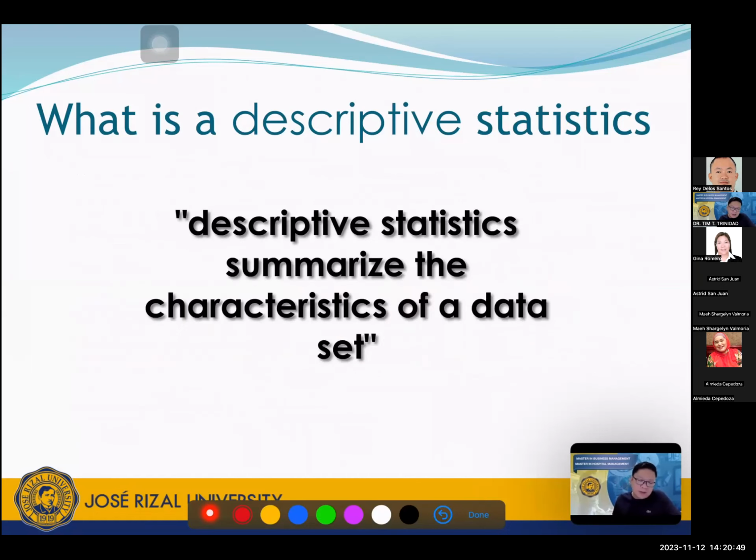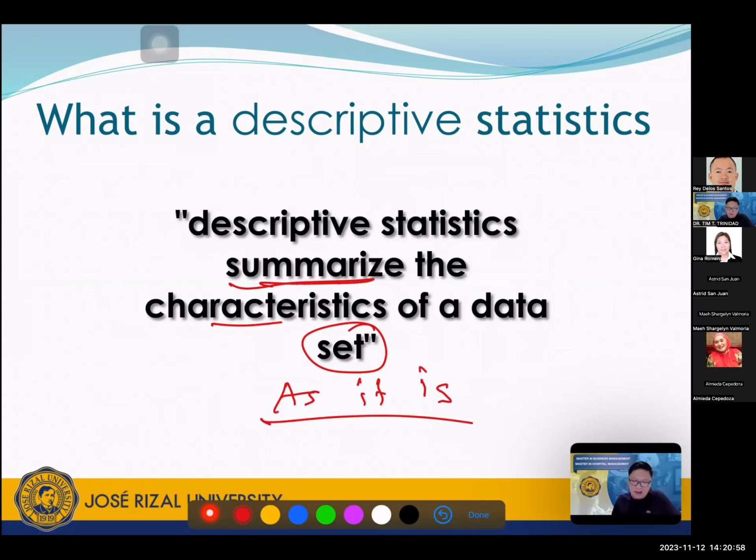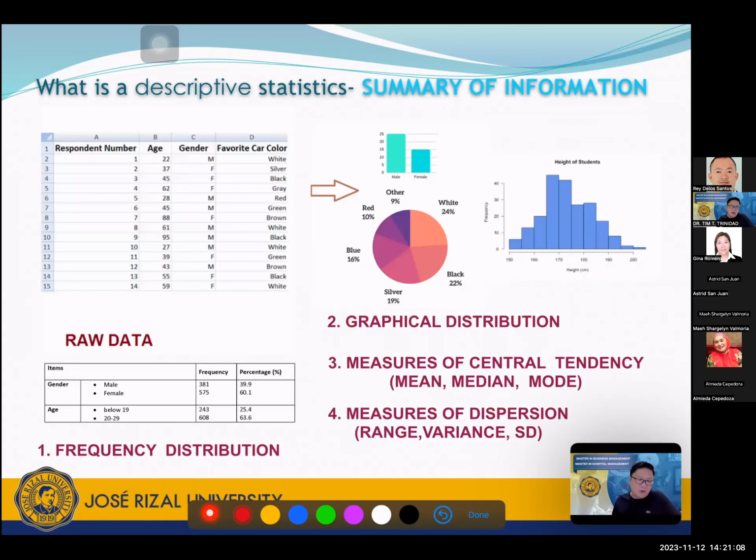So, descriptive stat is simply summarizing the characteristics of a set of data, okay, as it is. No establishment of relationship. So kung ano yung nakita mo, yun lang i-report. So like for example, this is your raw data. This is your collected data.